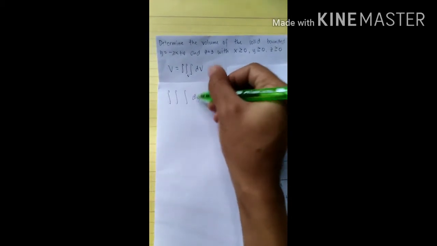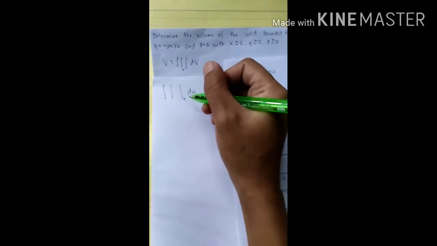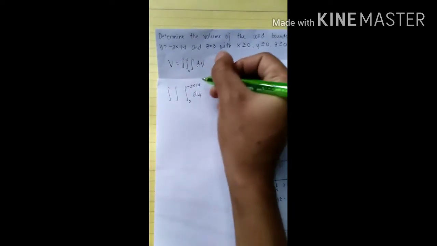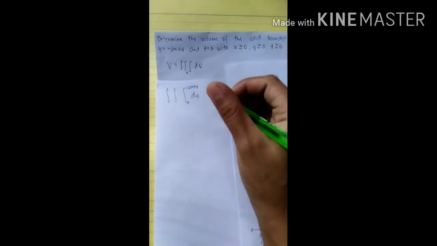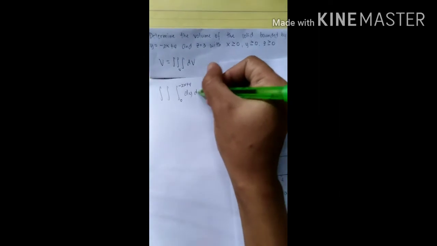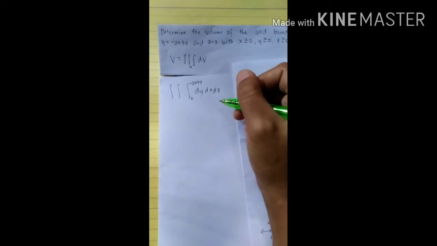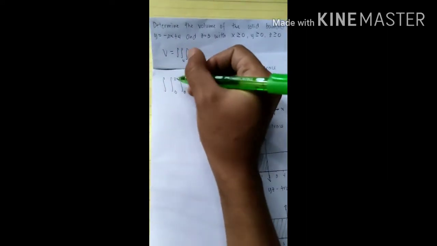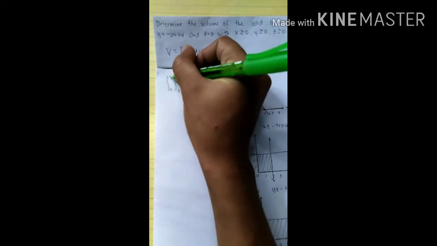We have dy with the limits of 0 to negative 2x plus 4. And the order of the two differentials doesn't matter, so let's write dx dz. So the limits for differential x is 0 to 2, and for the differential z is 0 to 3.